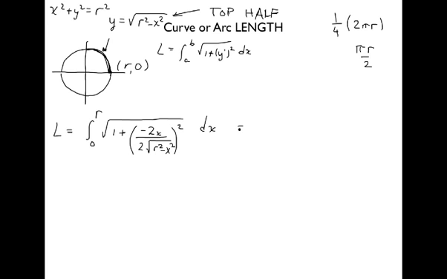Okay, so immediately we see that the minus signs go away, and then we'll have x squared, and we'll have this thing squared, which makes that square root go away. So that's kind of nice.